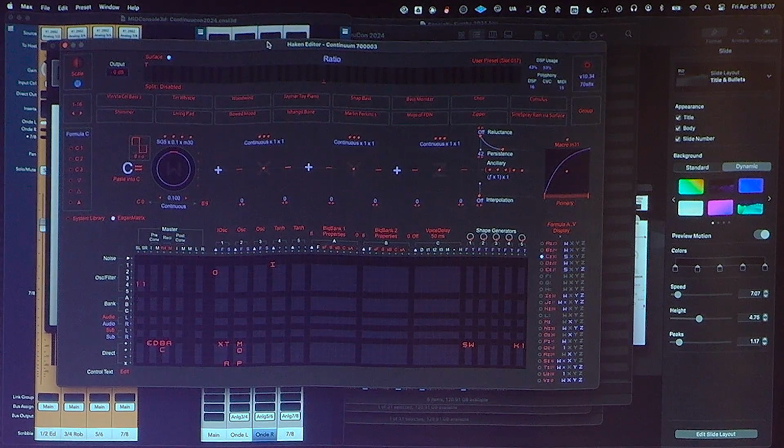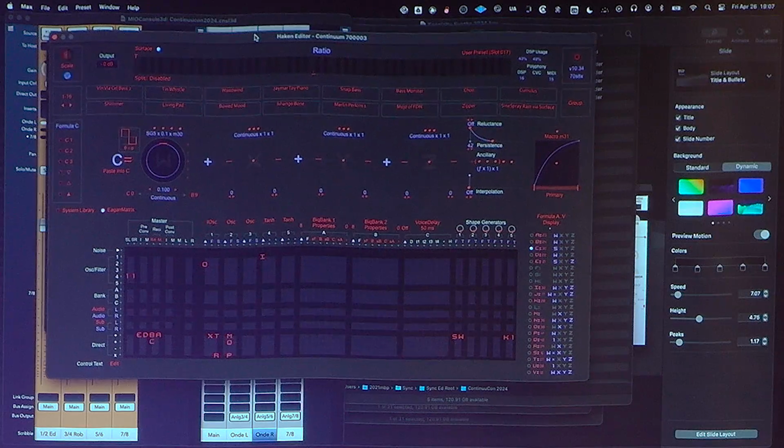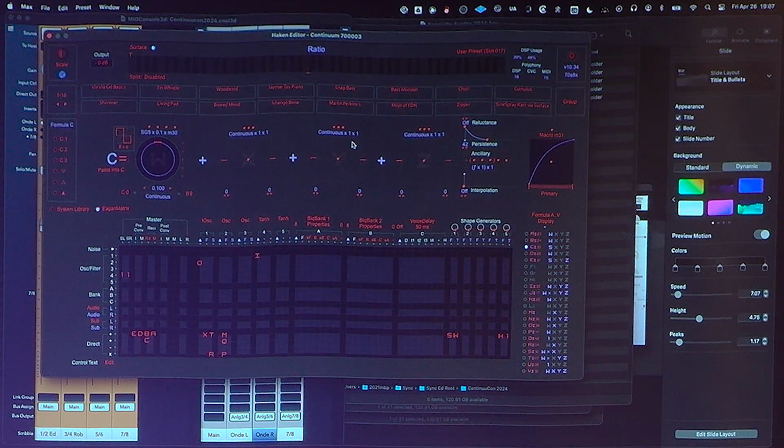So here are the resources that I'm using in the Haken editor in the Eaganmatrix engine right now, showing in the editor. If you look at DSP usage, it's very, very low. And over here is the use of the number of formulas.